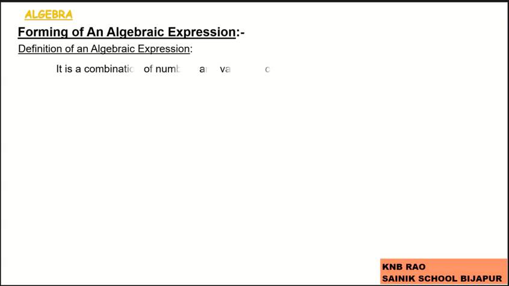An algebraic expression is a combination of numbers and variables connected by means of arithmetical operations. That means it's a mixture of numbers and variables, having arithmetical operations in between them.